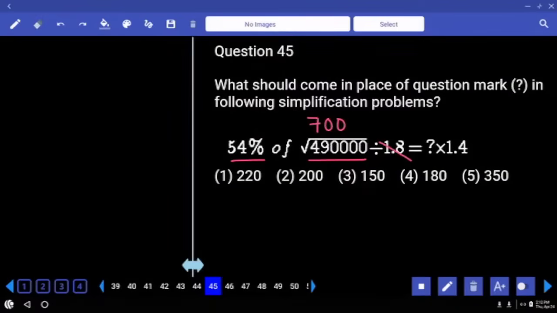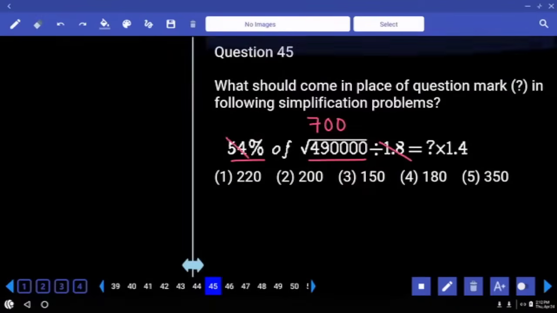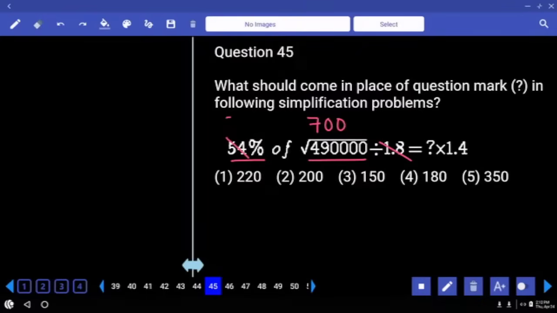Treat it as 18 for some time. 18 3 times is 54, right? If it is 1.8, that will be 30% of this number. Correct? 30% in the sense 30 into 1% value, that is 7. Right hand side 1.4 will come to the left hand side and it becomes divided by 1.4. 1.4 5 times. Answer 150.